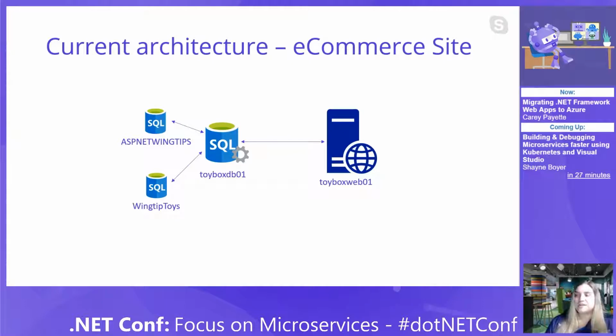ASP.NET Wingtips is responsible for holding ASP.NET specific tables, supporting things like identity and membership of the website. Wingtip Toys is responsible for the e-commerce specific data, so this is like the catalogs, products, pricing, and orders. The web server, Toybox Web 01, is a dedicated IIS box for the e-commerce website.